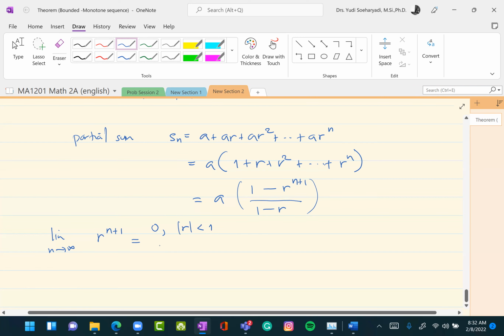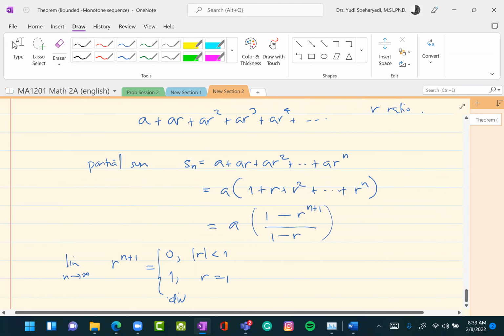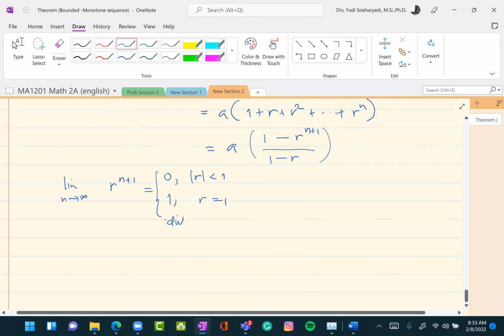If R is 1, it is divergent. What if R is negative 1?